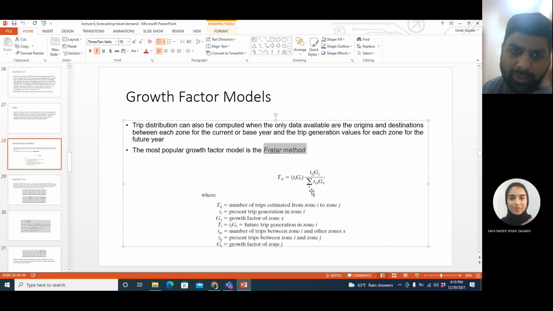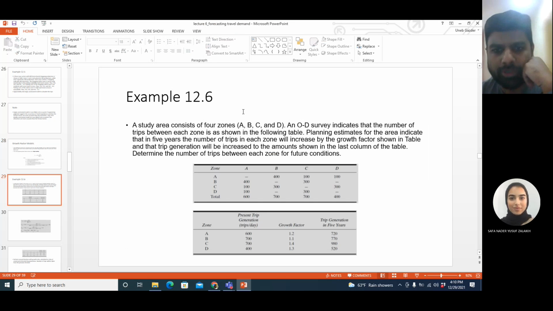The Fratar method is one of the growth factor models, applied for calculating the future destination of the trips, the number of trips which will go to each destination in the future.